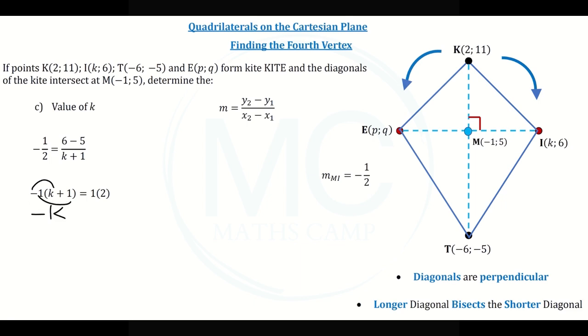Negative 1 multiplied by positive 1 gives us negative 1, is equal to, on the right, we just have 2. But we want to solve for k, so we need to make k positive. So we move it to the right-hand side of the equal sign. On the left, we have this negative 1. Then we can move 2, we say minus 2. And finally, negative 1 minus 2 gives us negative 3, and this is equal to k.